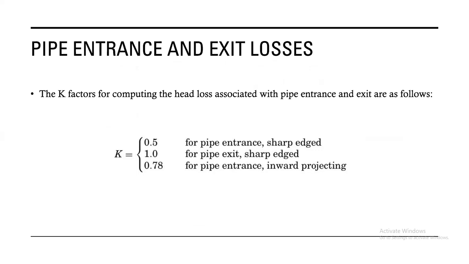K equals 0.5 for pipe entrance, sharp edged. K equals 1 for pipe exit, sharp edged. K equals 0.78 for pipe entrance, inward projecting. That's if, let's say, water is flowing from a container going to a pipe, then to a pump, or you are filling your pipe. How is it exiting to the pipe?